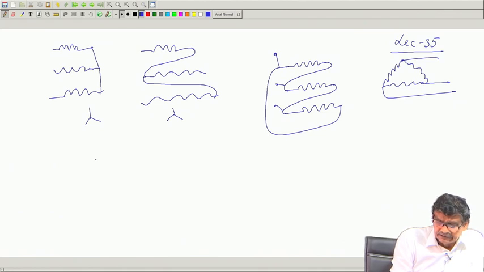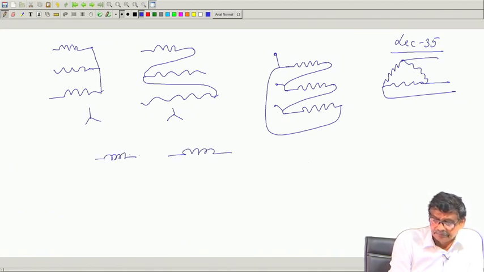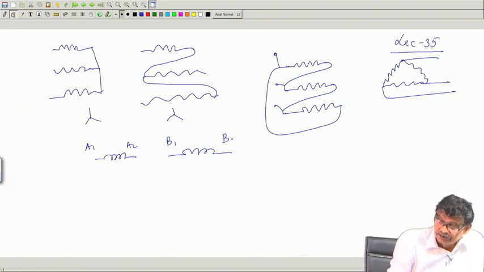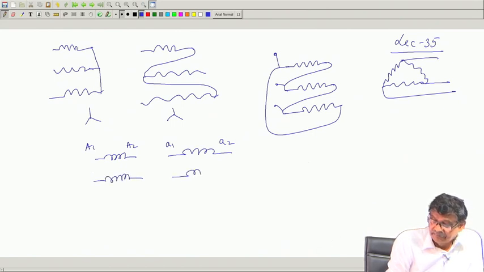Now, suppose somebody has three single phase transformers like this: A 1, A 2, its secondary small a 1, a 2, and I will name them with letters, three are there.